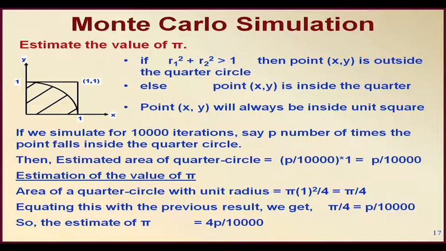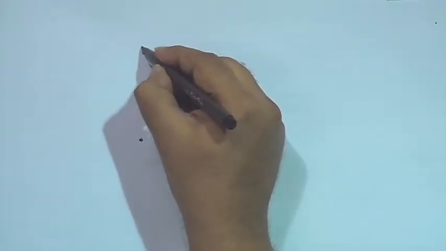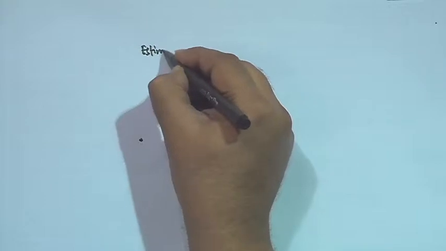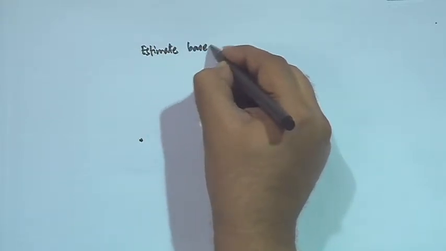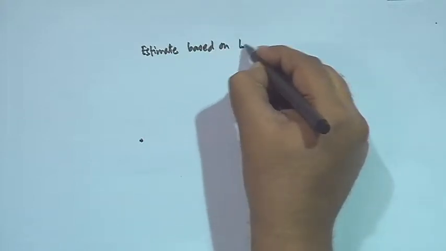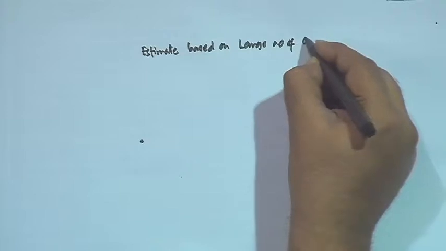So, an important question here is how do you know that the value that we are getting is accurate, right. To get accuracy, two things are to be done. Number one, the estimate should be based on a large number of observations. What is large?